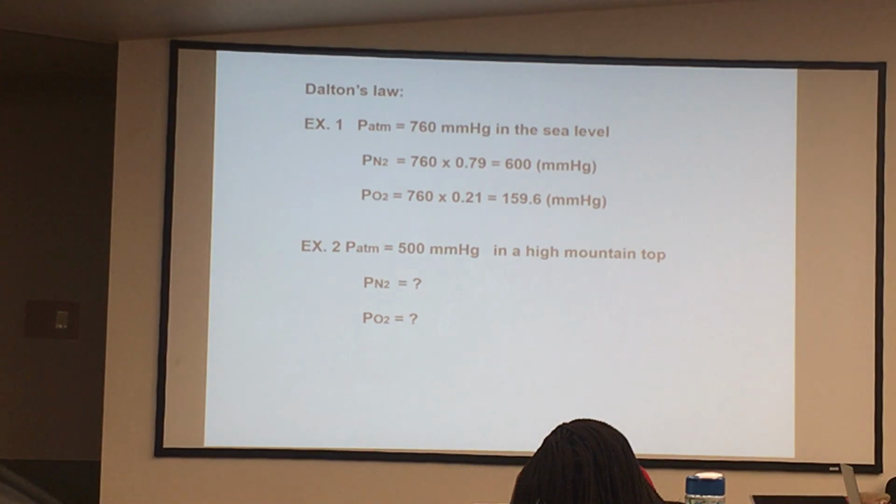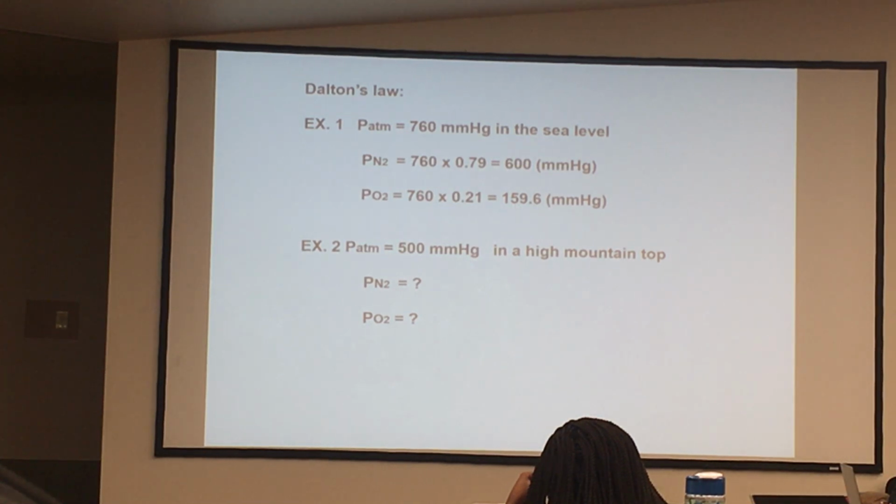So by Dalton's law, at sea level the pressure is 760. How much of the pressure is contributed by nitrogen? Times 0.79, 79%, roughly 600 mmHg is controlled by nitrogen. Oxygen is 21%, so roughly 159 or 160.